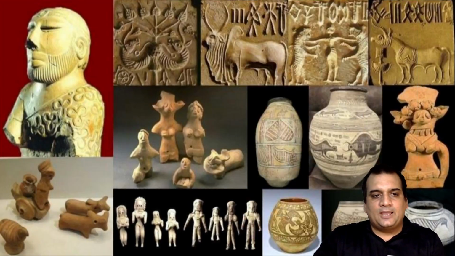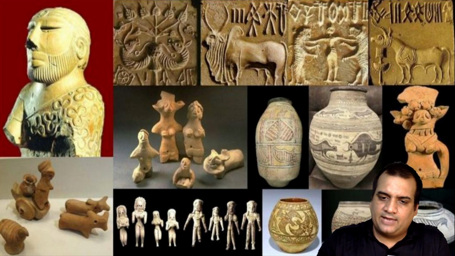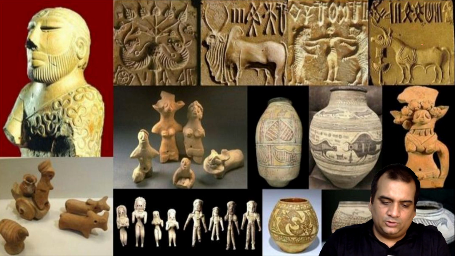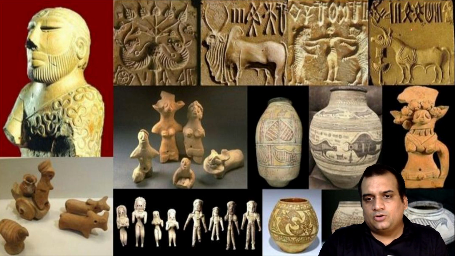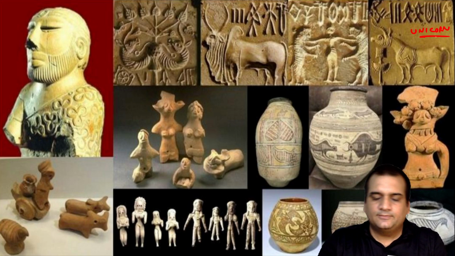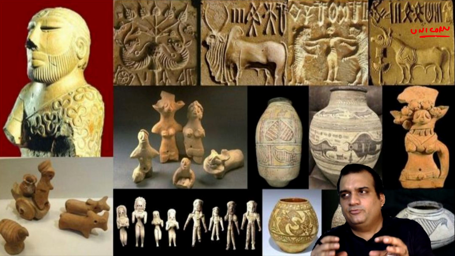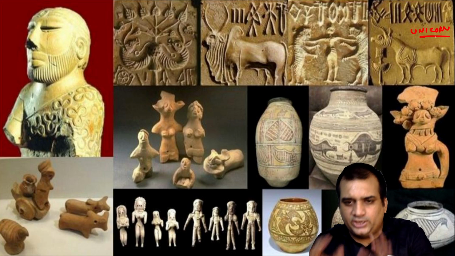Okay, now there is one thing more which I like to have you remember. This seal that you are seeing, guys, this is a humpless bull. Okay, this also called a unicorn. Whatever you want to call it. This was found most when we talk about the seals in Mohenjo-daro.